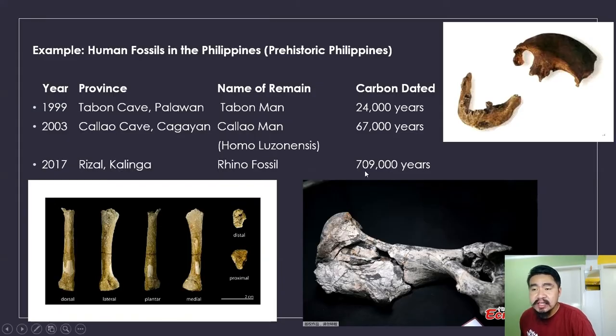And look into the existence, 709,000 years. So there's a possibility na may mga tao na dito sa Pilipinas around 709,000 years. And if that is well proven, automatically it could change yung notion natin all about Philippine history. So hindi na tayo migrants, but during those time, talagang nakatira na talaga dito yung mga ninuno natin.